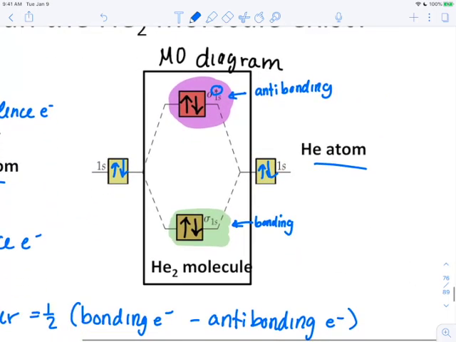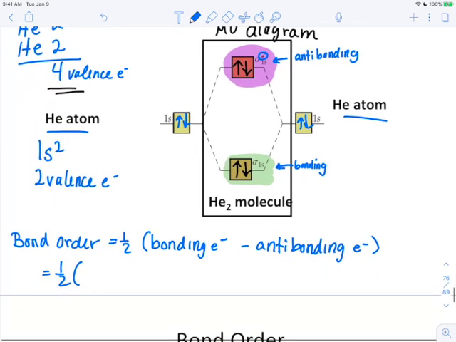So before we do anything else, any questions on how I labeled the bottom 2 as bonding and the top ones as antibonding? By the way, antibonding are always higher in energy than the bonding, so you'll always see the bonding towards the bottom of your MO diagram and the antibonding towards the top of your MO diagram. Okay, so now what I'm going to do is I'm going to look at the bonding electrons.